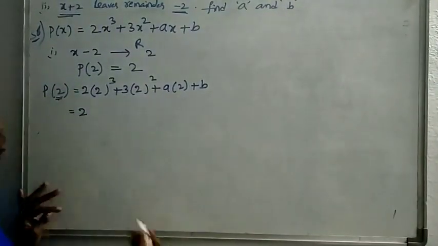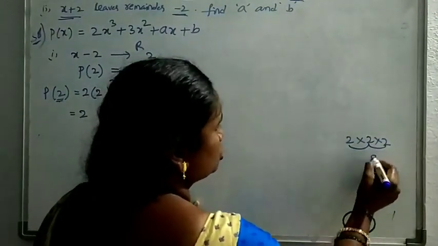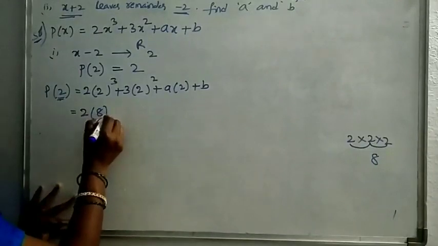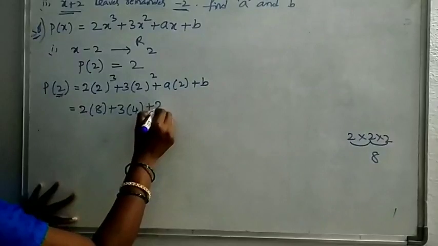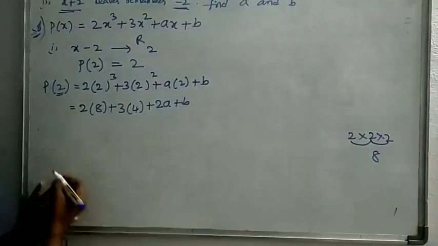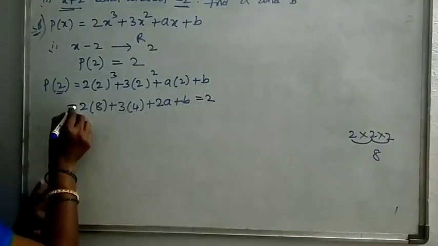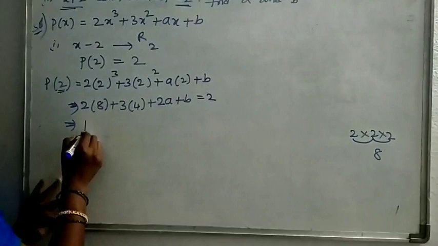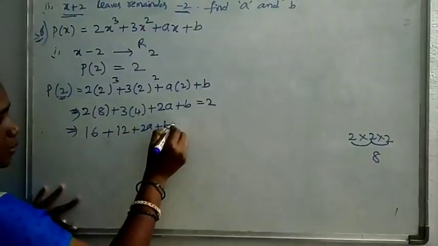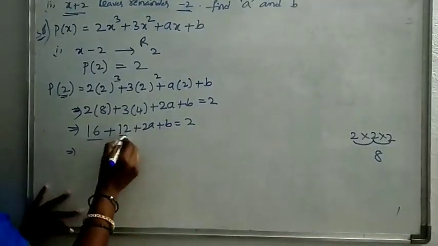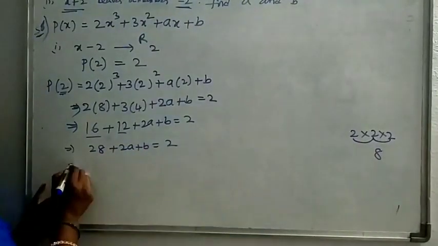So 2 into 2 cube means 2 into 2 into 2. 2 twos are 4, 4 twos are 8. 2 into 8 plus 3 into 2 square, 2 twos are 4, plus a into 2, 2a plus b. But this remainder P of 2 is equal to 2. So that implies 2 eights are 16 plus 3 fours are 12 plus 2a plus b is equal to 2. 16 plus 12 is 28, plus 2a plus b is equal to 2.